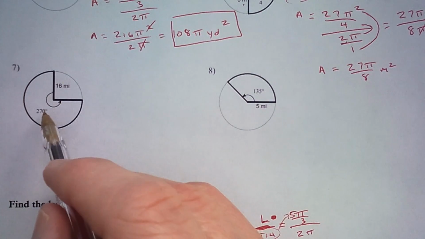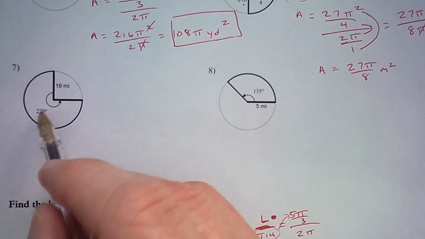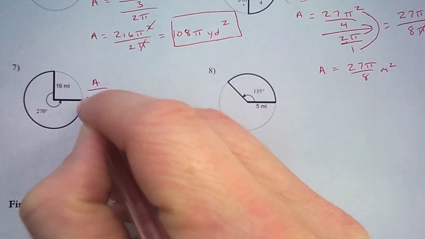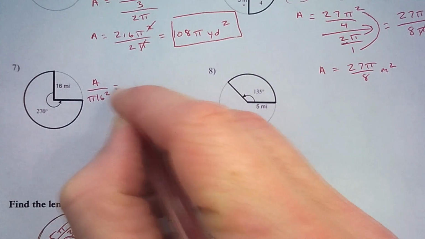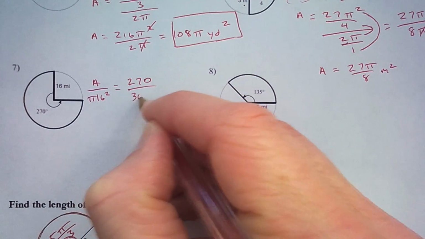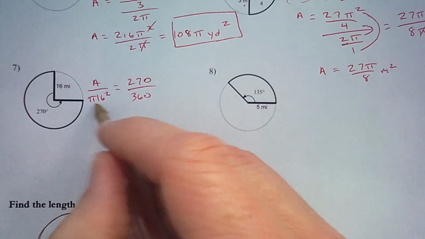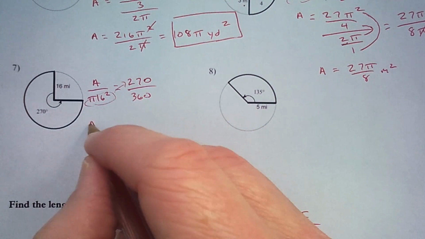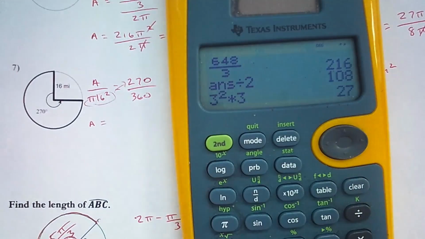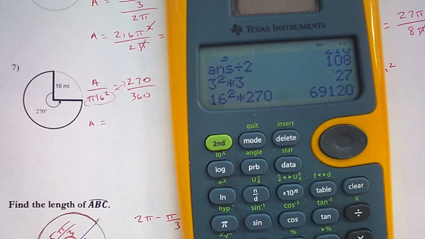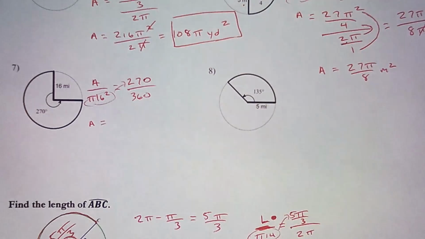Okay, next I am in degrees, so now I'm going to be doing degrees over 360. So the area is to pi 16 squared, as the number of degrees, 270, is to the degrees around a circle, which is 360. And I will multiply this across. So I get the area equals 16 squared times 270, 69,120.